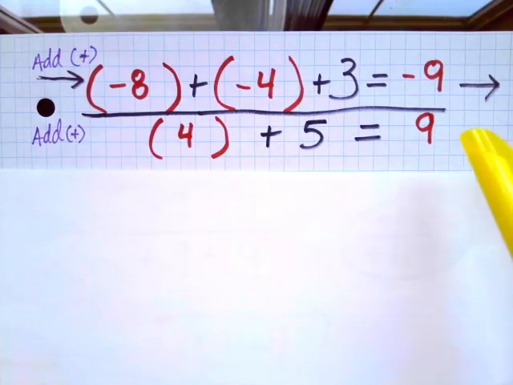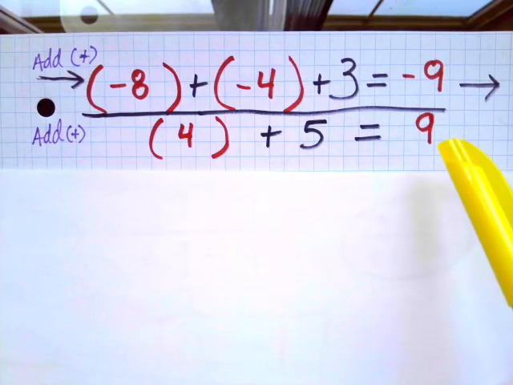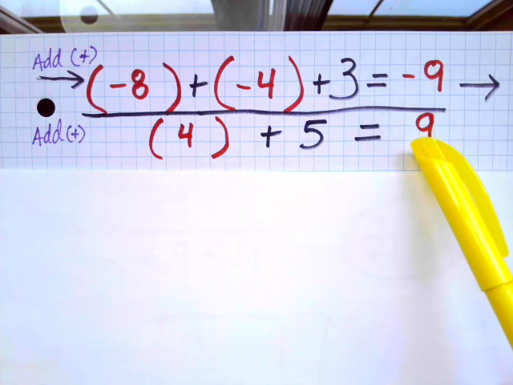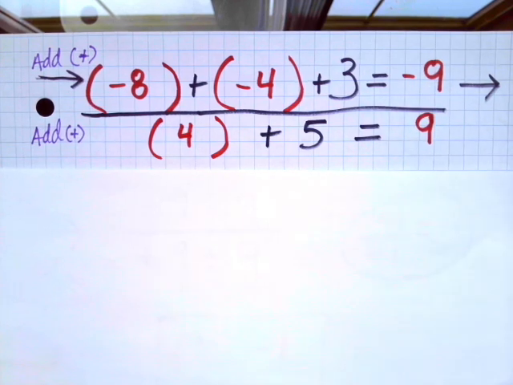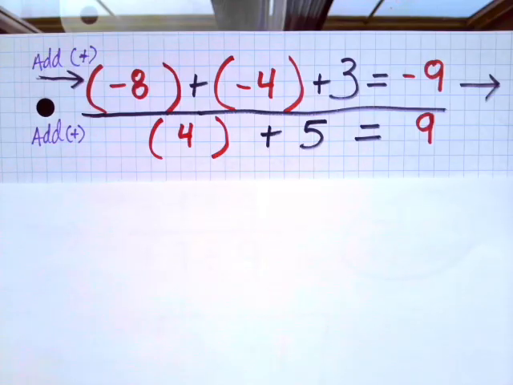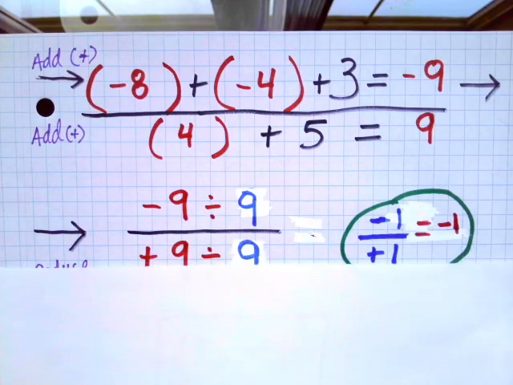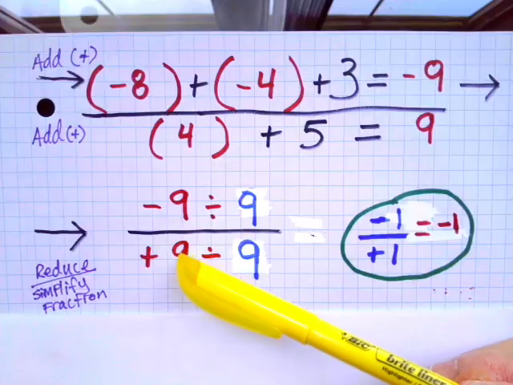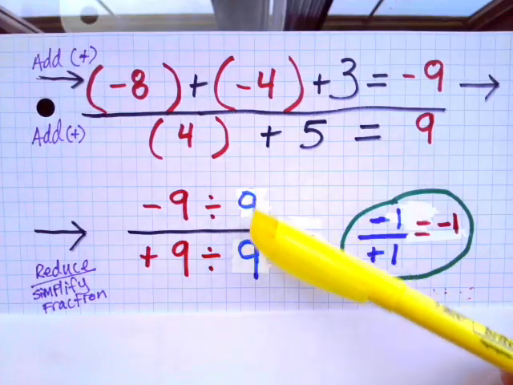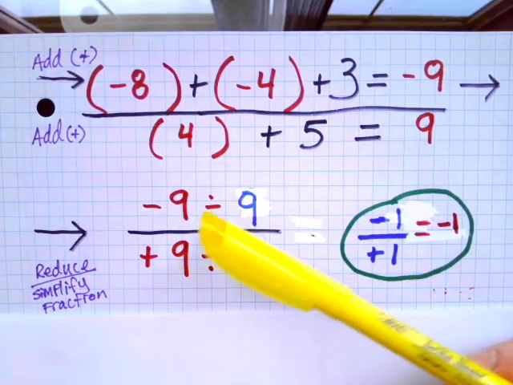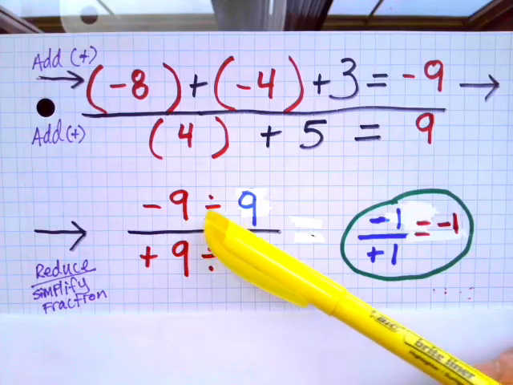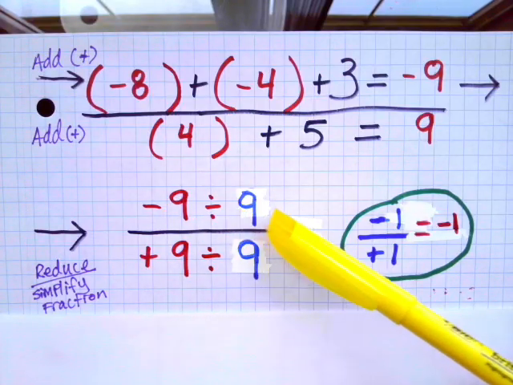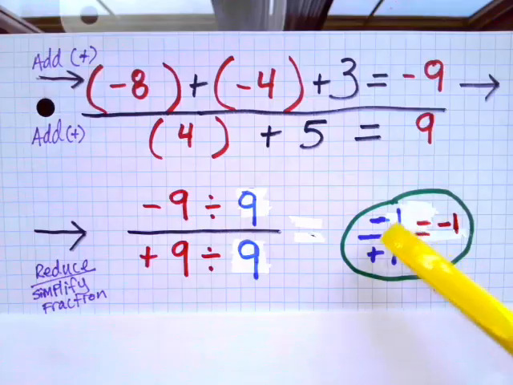I'm not quite done here. I have a negative 9 over a positive 9. And anytime you have a fraction, you need to try to reduce or simplify that fraction. So here I know a negative 9 and a positive 9 both can be divided by a positive 9. Negative 9 divided by a positive 9 is a negative 1.